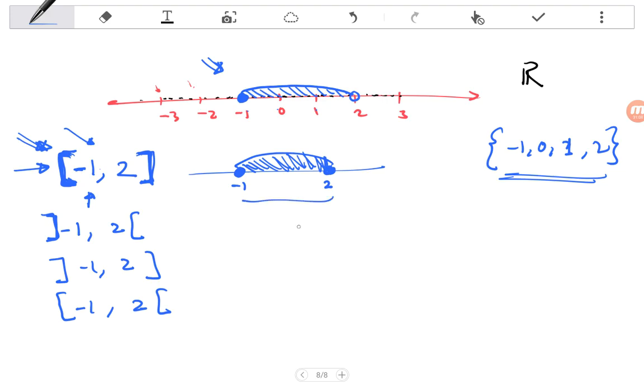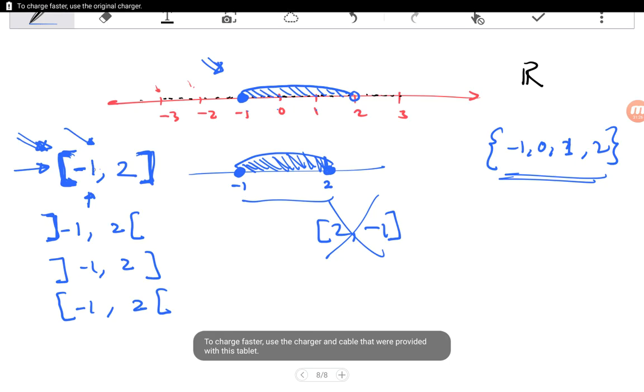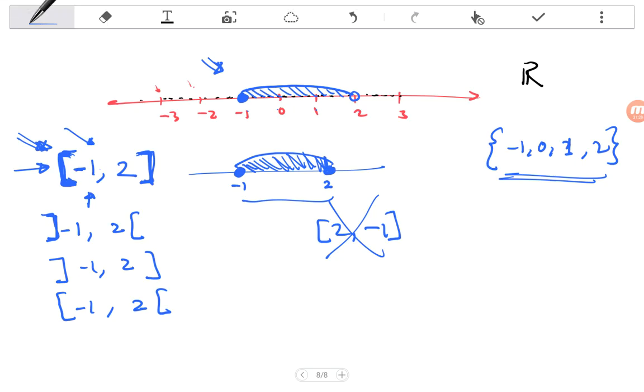Can I express this interval like this, 2 minus 1? No. Why is this expression not correct? In an interval, we need to put the smaller number first.